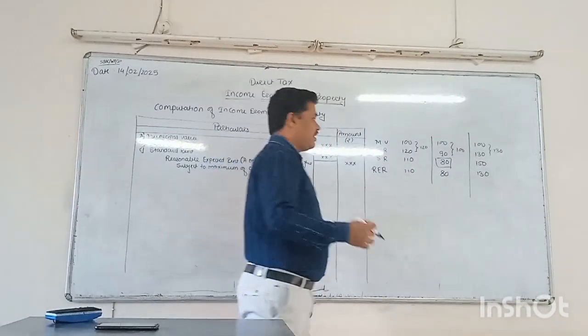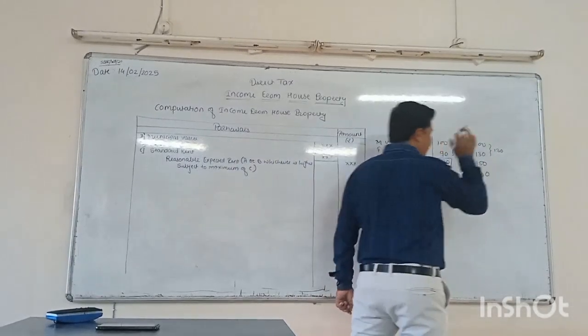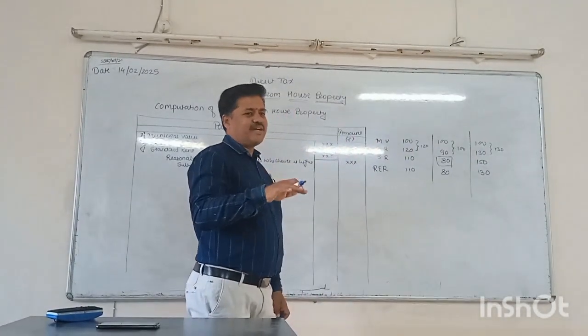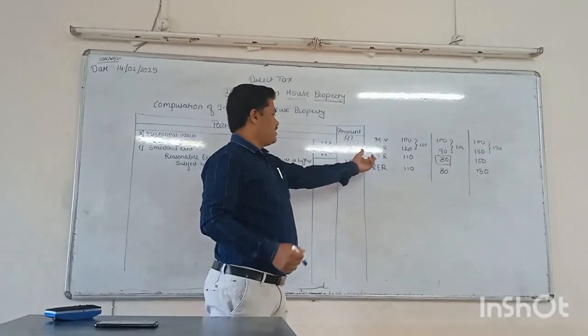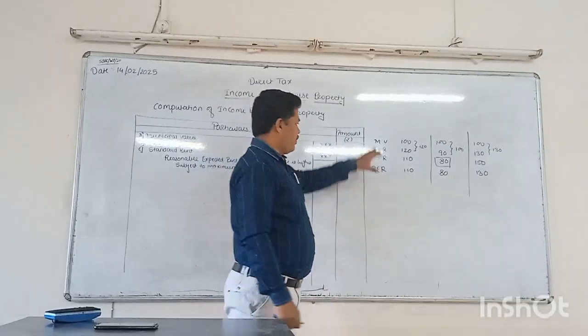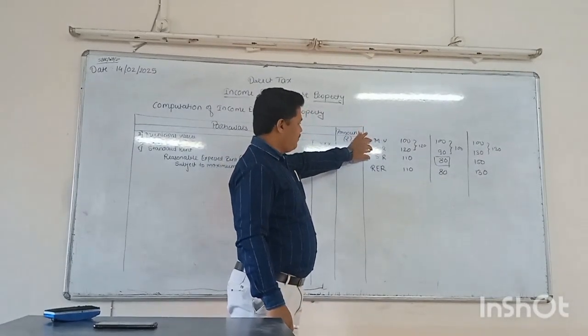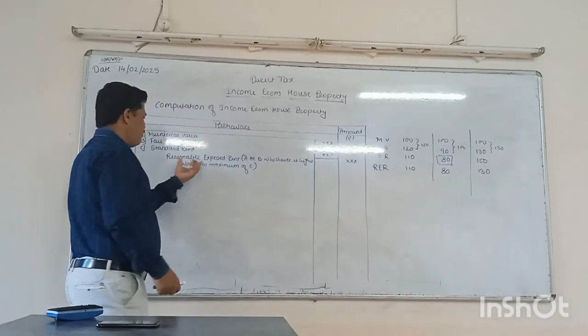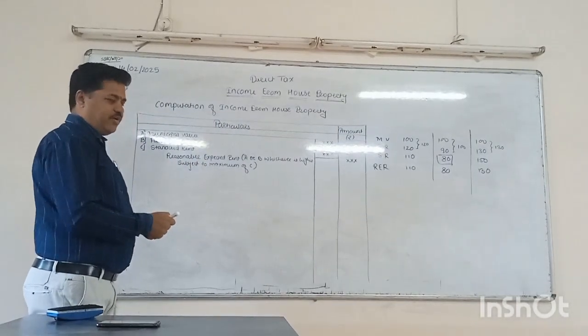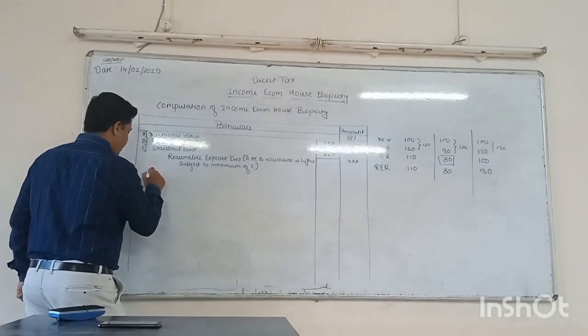But we never take any amount which is more than standard rent. You can take a lesser amount, but we cannot take more than standard rent. So municipal value or fair rent, whichever is higher, up to the extent of standard rent, gives us reasonable expected rent. Now next is actual rent.